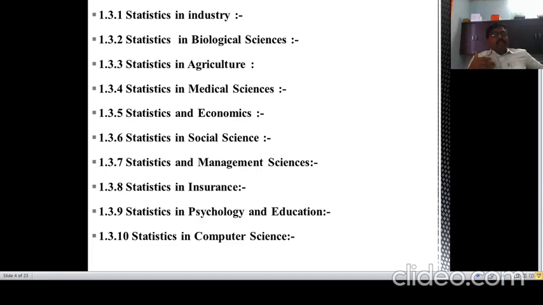In many industries, statistical quality control division is separately operating, mainly whether manufacturing goods possess a desirable standard or not is examined using various control charts. These inspections are done at the time of production.